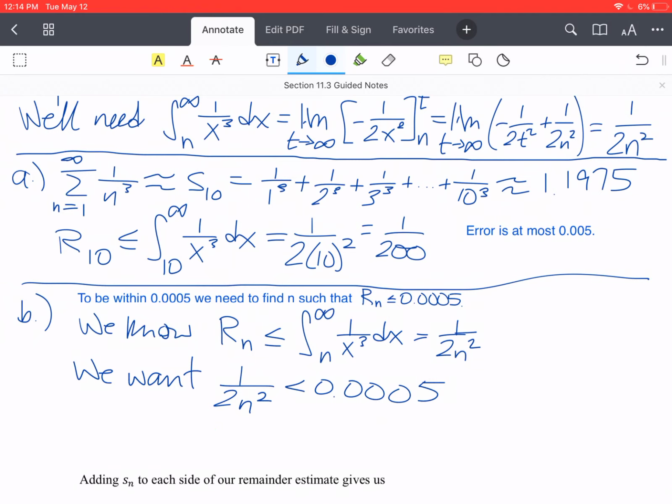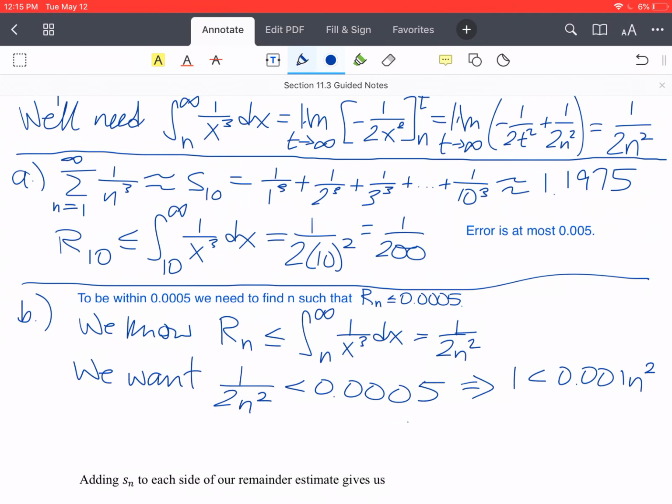So we go ahead and multiply the 2n squared across. So that's going to be 1 less than 0.001 n squared, multiplying 0.0005 by 2.